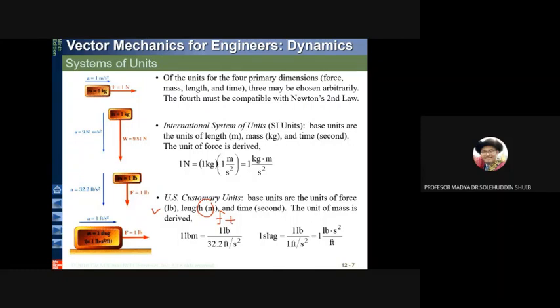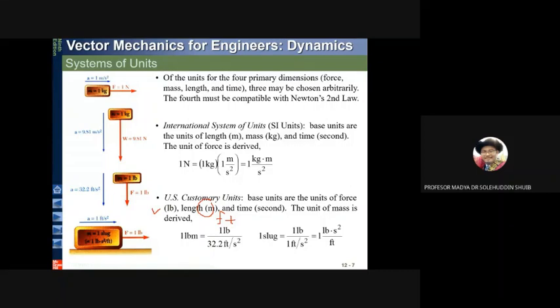Feet. And then time. So the unit of mass we derive as 1 pound mass. 1 pound mass equals 1 pound divided by 32.2 feet per second squared. For US customary they have 32.2. And then they have here 1 slug equals 1 pound divided by 1 foot per second squared.